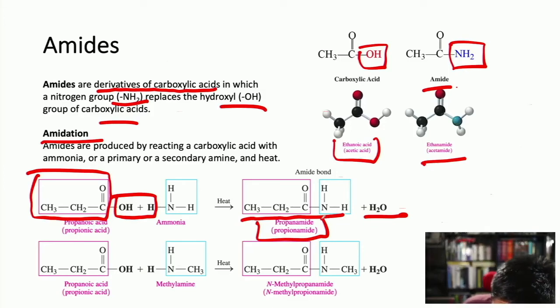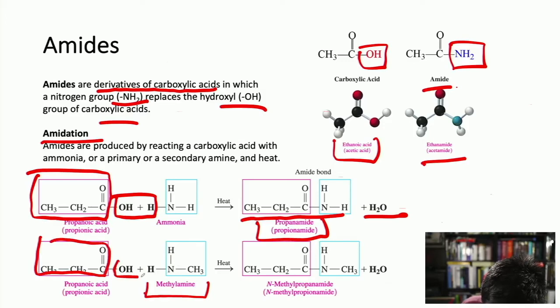Cool. This can happen with a primary amine as well, right? Same thing again, we have propanoic acid here. The OH from the propanoic acid would combine with one of the hydrogens from the methylamine, making water.